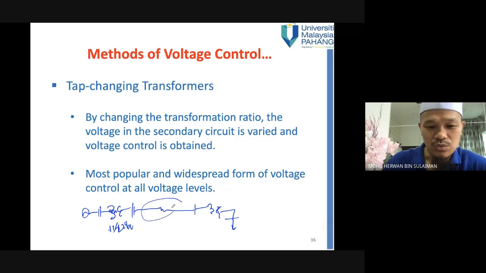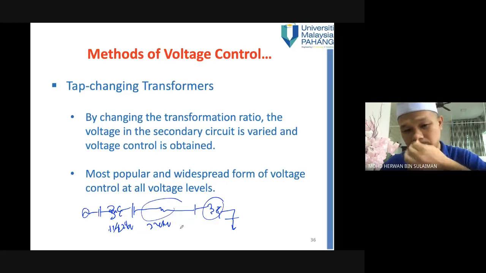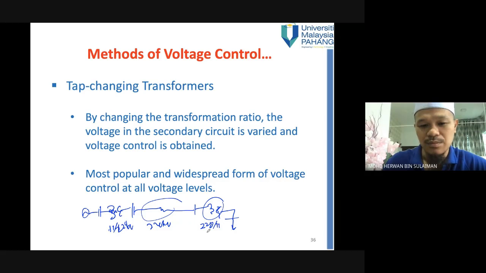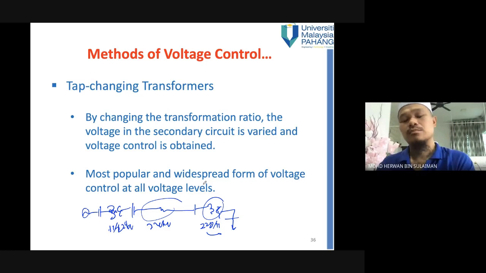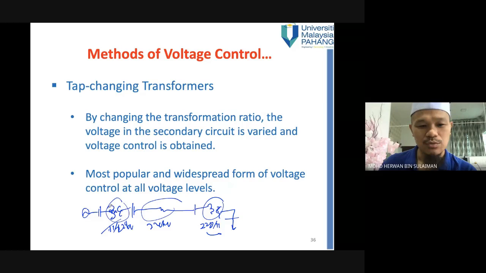So this line is 220 kV, and then we use a similar transformer to step down back to 11 kV. This is the most popular and widespread form of voltage control at all voltage levels. To control the transformer voltage, we use the tap changing transformer.